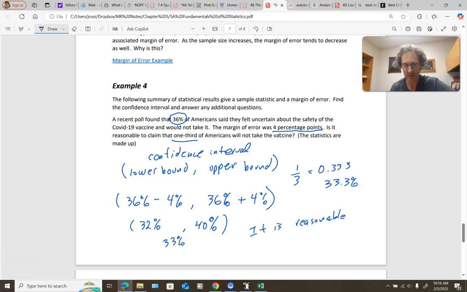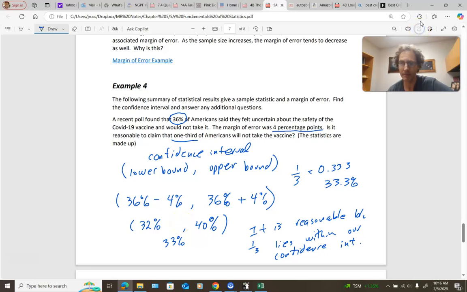And I'm going to say it is reasonable because 1/3 lies within our confidence interval. Okay. Now, if they had said, is it reasonable to claim that 1/2 of Americans will not take the vaccine? Well, 1/2 would not be within this interval. So then it would be unreasonable to assume that.